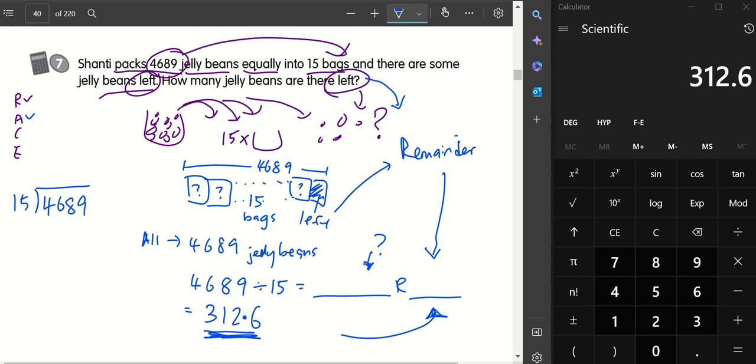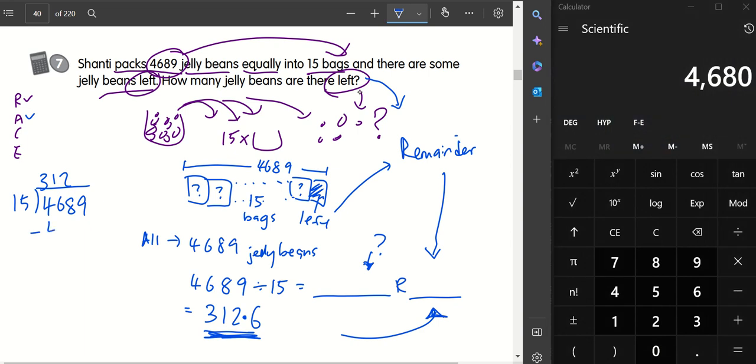Alright, so I'll give you the answer here for the last portion. I'll get to the quotient, and now I know that by right my quotient should be 312 here. So for 312 here, I will multiply 312 by 15.